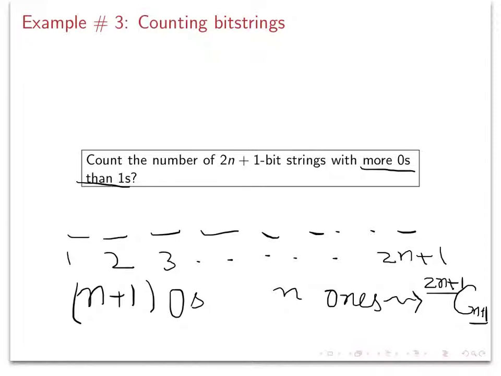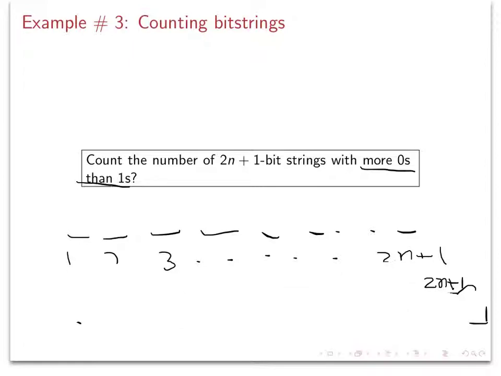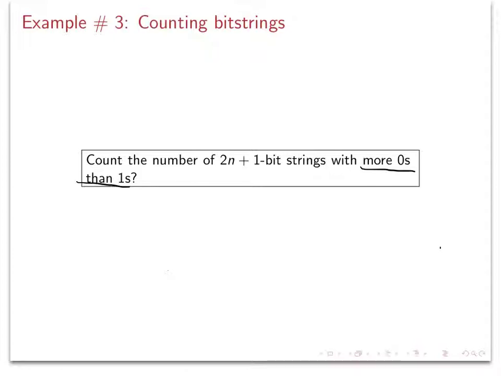Now if you count this way, you get the following answer. I can have n plus 1 zeros, so I can have (2n plus 1) choose (n plus 1).